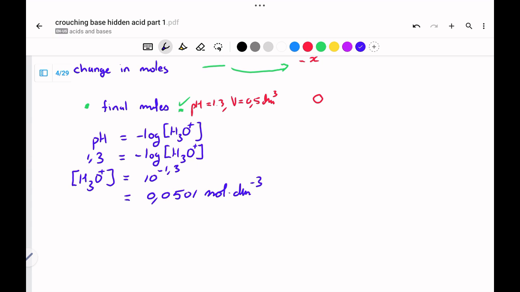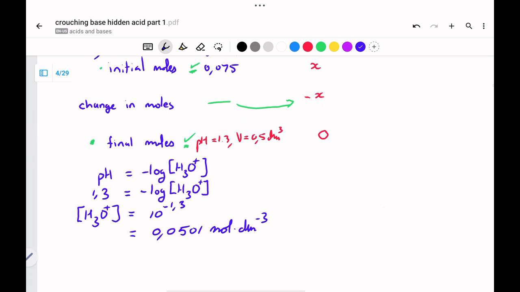Now, as I mentioned in the prequel, anytime we have information about the hydronium ion or the hydroxide ion, but we are really interested in the acid or the base, then we can go backwards to the acid or the base using the ionization or the dissociation equation.